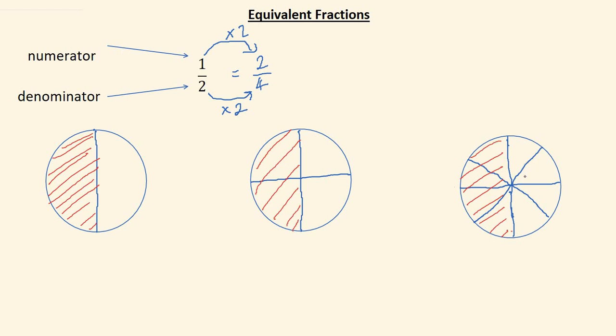So altogether this time I've got 8 pieces, so my denominator is 8, but I'm only shading 4 of them, so that's my numerator. So I've shaded 4 out of 8, but if you look at the other 2 diagrams, I've got the exact same amount of my original circle, which means that that is also equivalent to 1/2. And this time what I'm doing is I'm multiplying the numerator and the denominator by 4. Okay? So that gives you a visual representation so you can see what's actually happening.